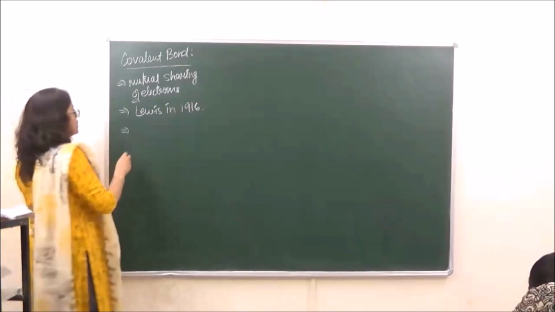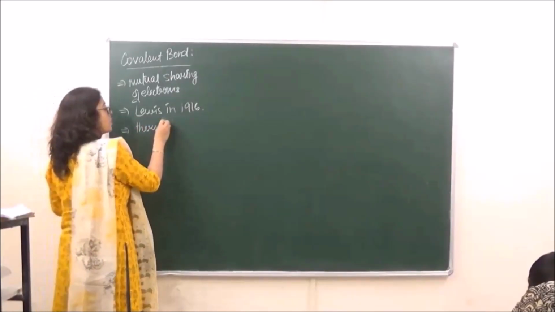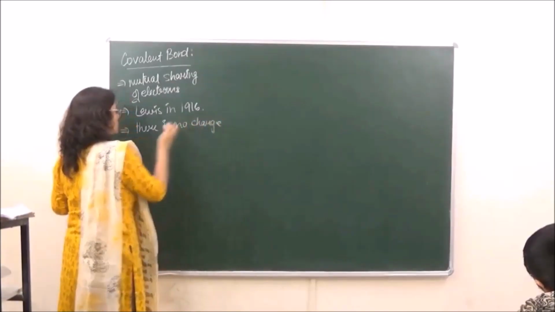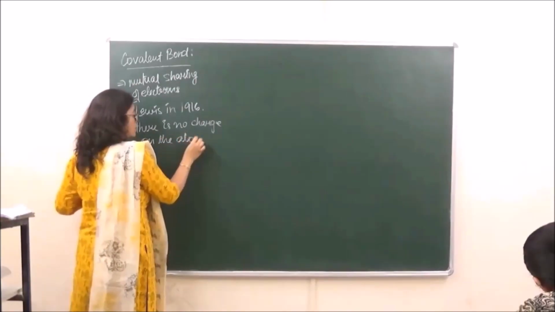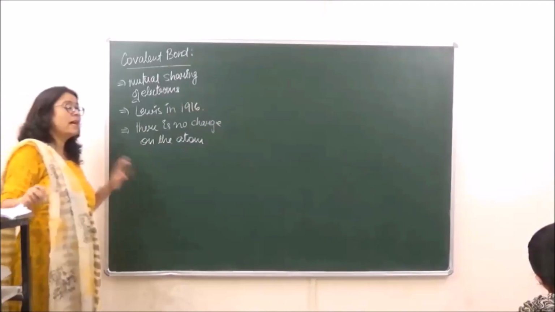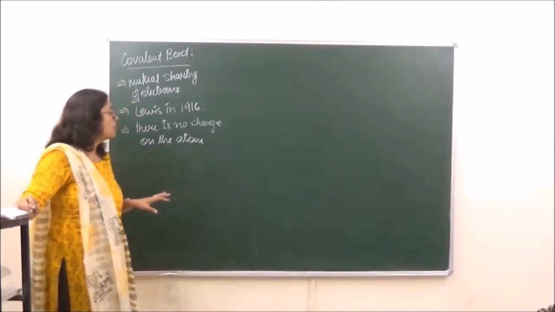Now in this case you need to remember that there is no charge on the atom. Why? Because both the atoms are equally contributing towards the formation of a bond.